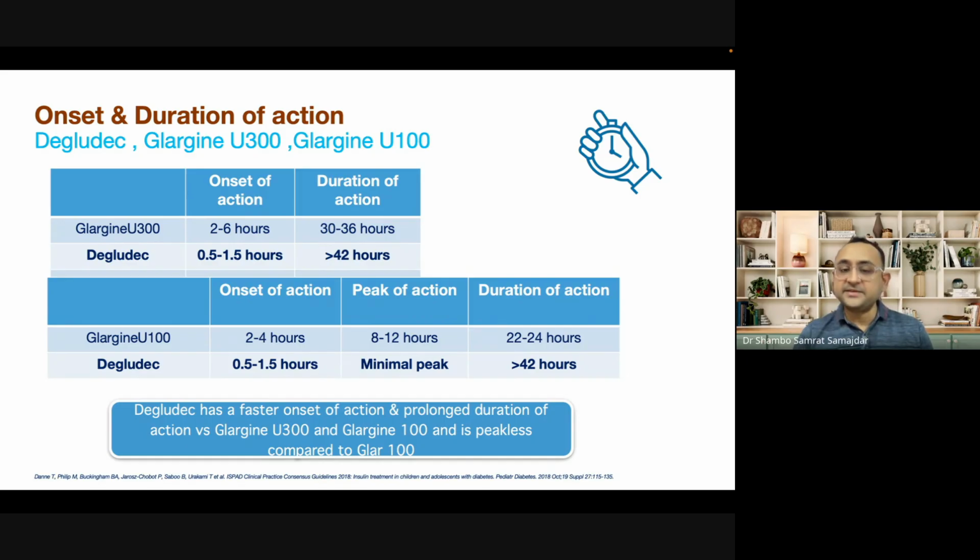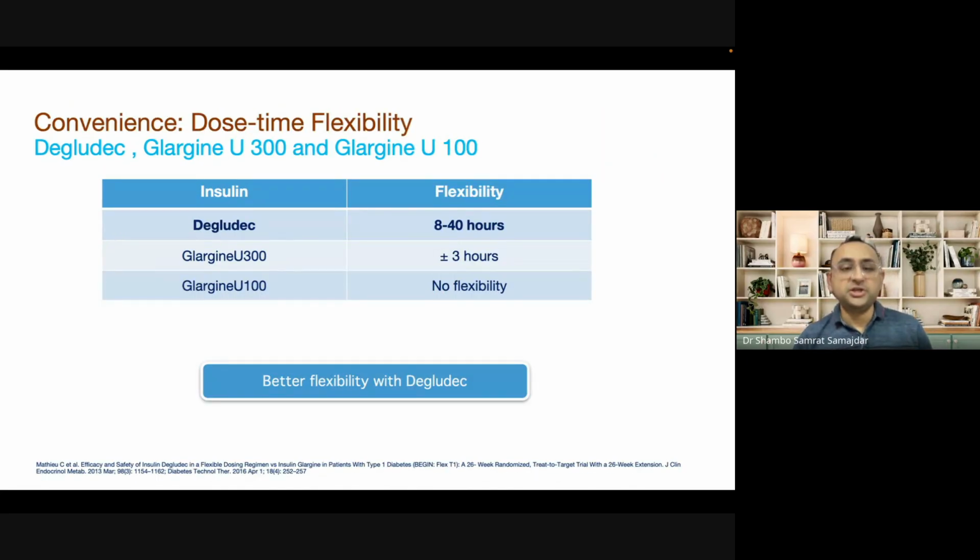So degludec has a faster onset of action and prolonged duration of action versus glargine U100 especially, and U300 in some subsets, and it is peakless compared to glargine U100. This is again a very important clinical tip we need to acquire: for degludec, we could have a flexibility of 8 to 40 hours.